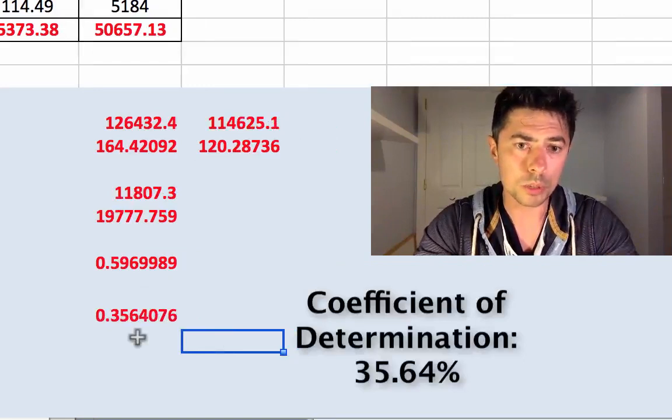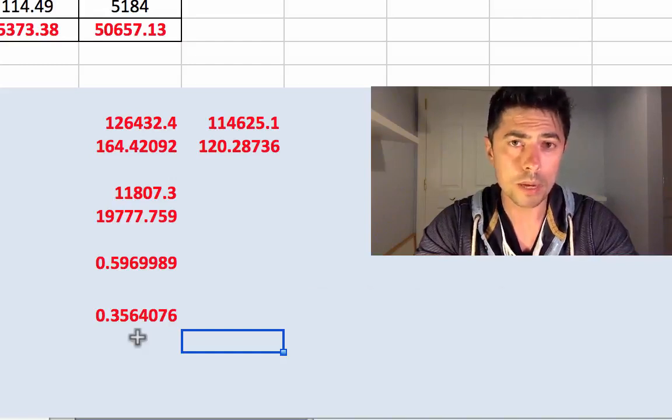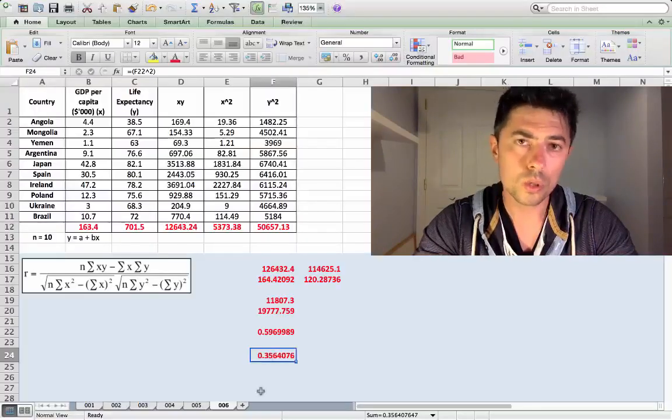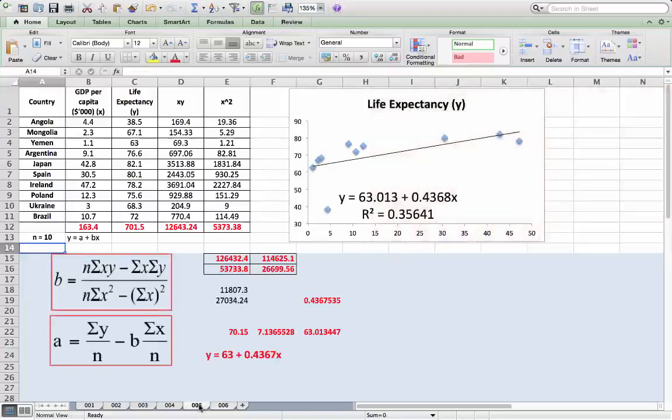That can be expressed as a percentage, so it's 35.6%. And it indicates that 35.6% of any movement in the dependent variable, in this case life expectancy, is caused by changes to GDP per capita. So let's go back to video 5 to see what the R squared value was. And here we have it, the R squared value 0.3564, identical to the value we calculated, but quite easily found using Excel.